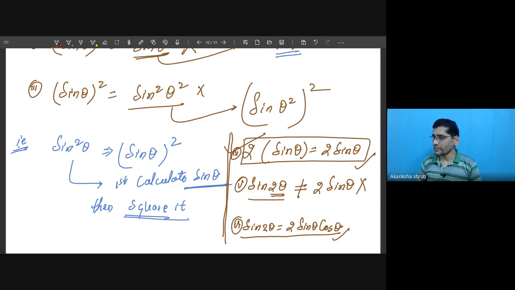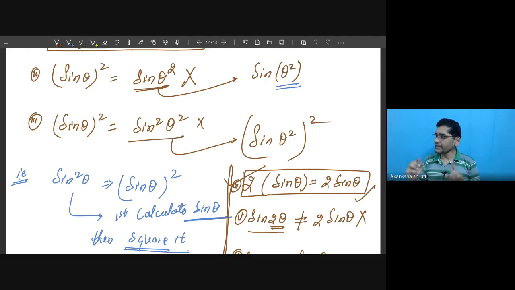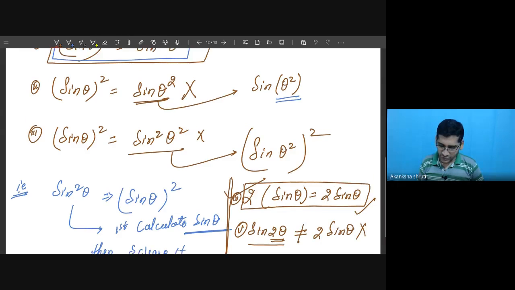Okay, so this is a common thing: you have to keep in mind what the normal maths meaning of square and multiplication is. If there is any operation in the angle, say square or multiplied by 2, first you go for the operation on the angle, then apply the t ratios. And if there is a whole power, it means first you calculate the t ratios, then apply the whole square or whole cube, or whole power. Okay, these are the things that we have to keep in mind.